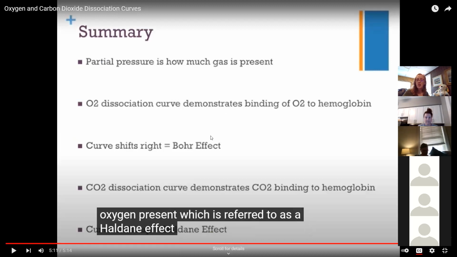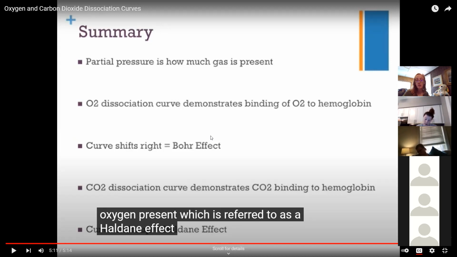Meaning that when there's higher levels of carbon dioxide, oxygen is going to be released a lot quicker and easier from the hemoglobin.